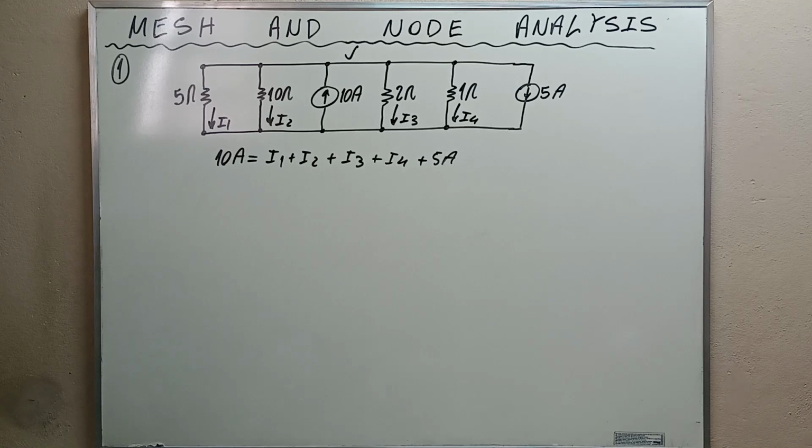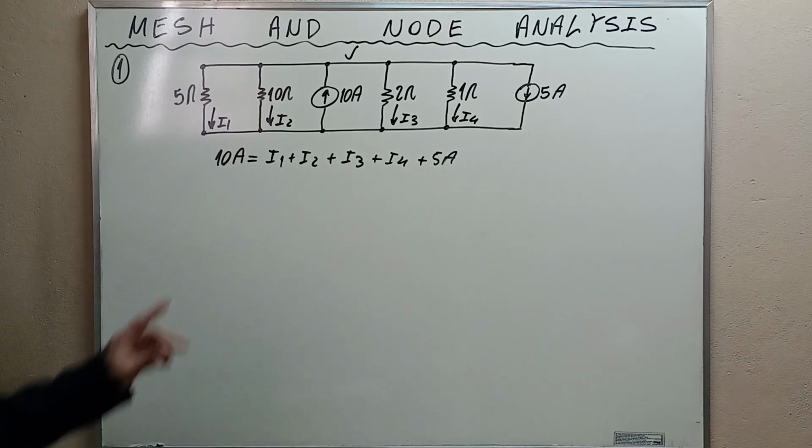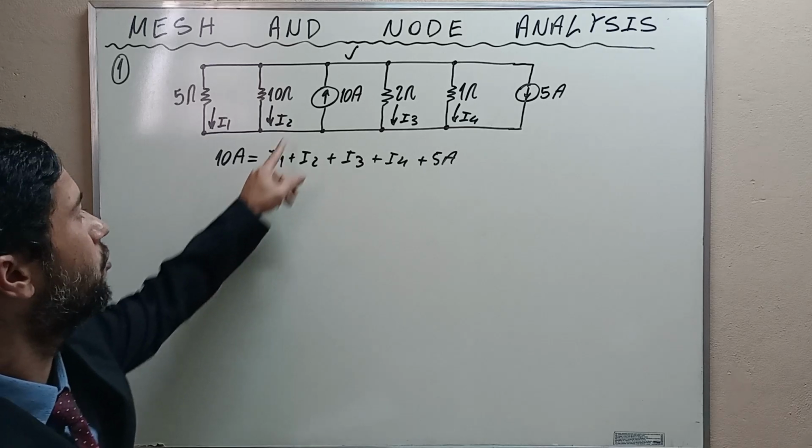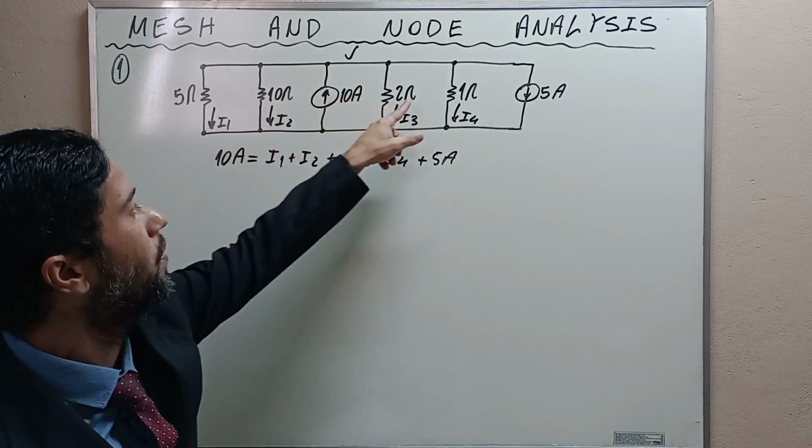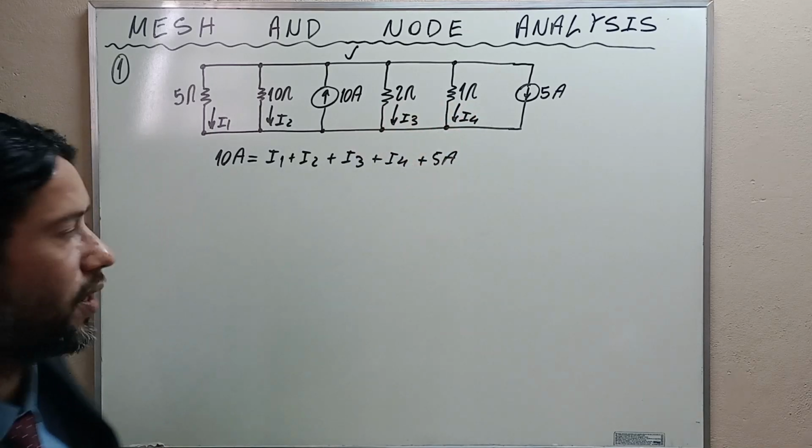Now that we have understood the currents that enter and leave the node, we are going to use Ohm's law to write the currents in terms of this voltage and each of the resistances, okay?